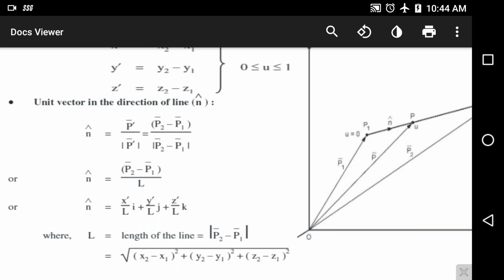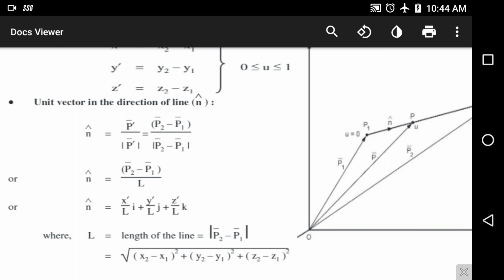So the tangent vector is p dash bar divided by the magnitude of p dash bar. The tangent vector is p2 bar minus p1 bar, and the magnitude of p2 bar minus p1 bar will give you the length of the line.